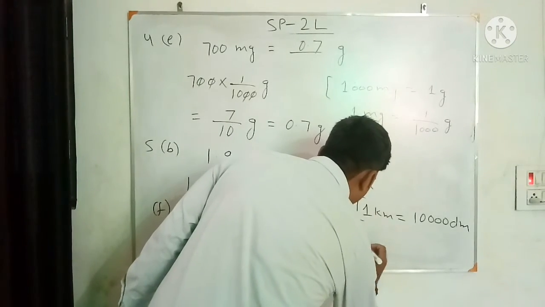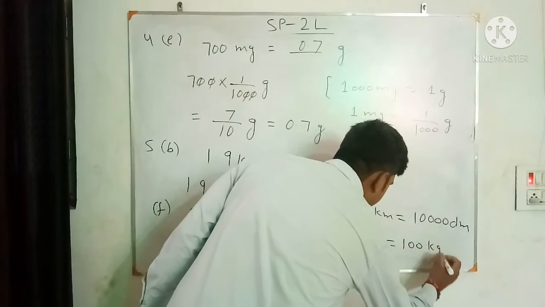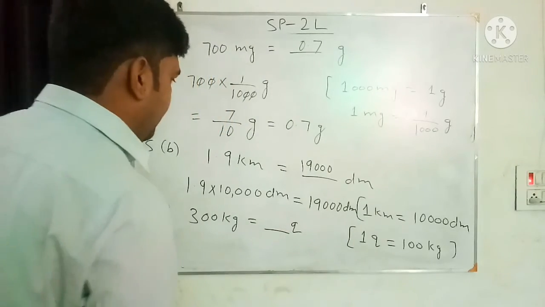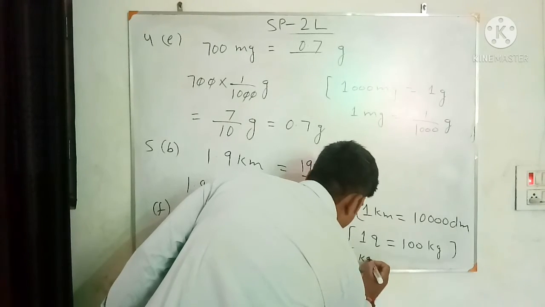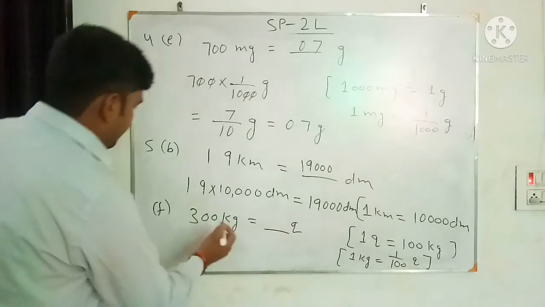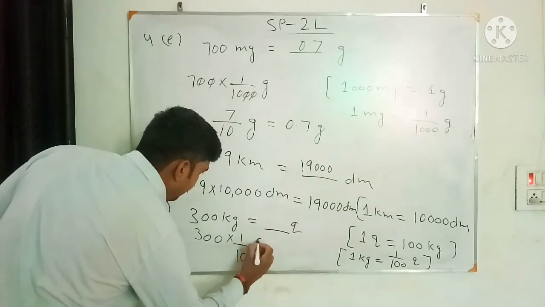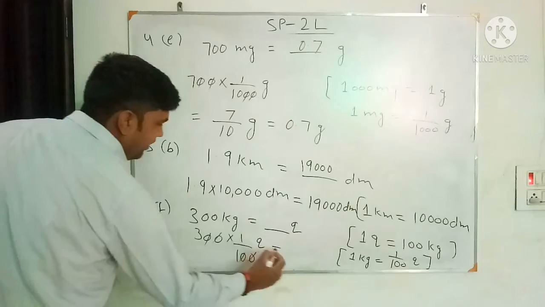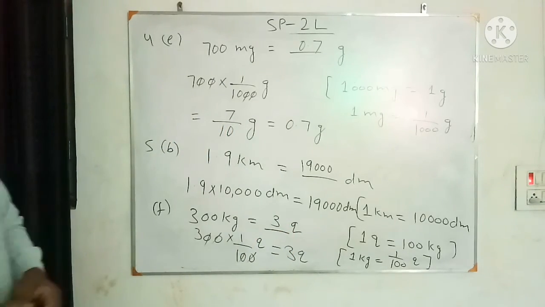What is the relation we have? 1 quintal equals 100 kg, and 1 kg equals 1 by 100 quintal. So in the place of kg we write 1 by 100 quintal. See, now both zeros will be cancelled. 300 kg will be 3 quintal. What is the answer? 3 quintal. 300 kg means 3 quintal.